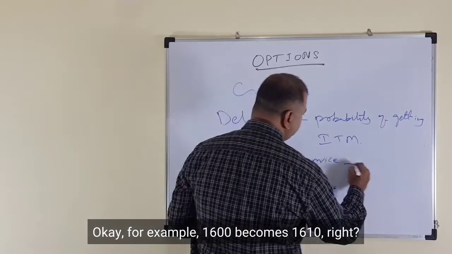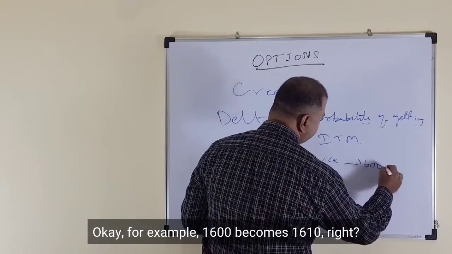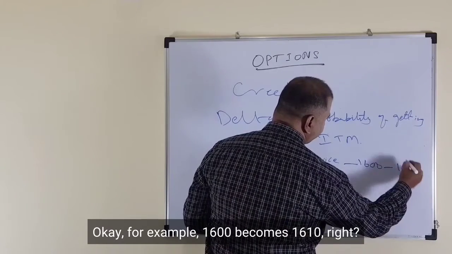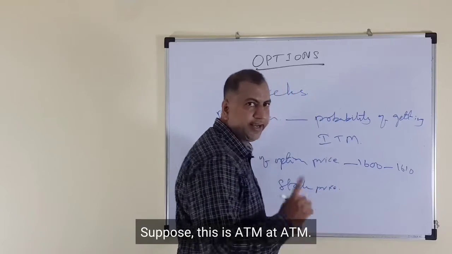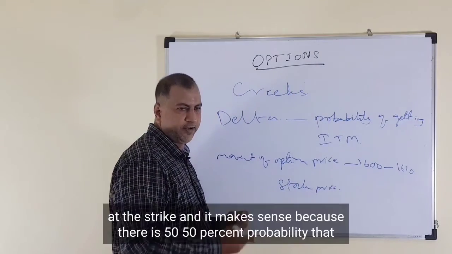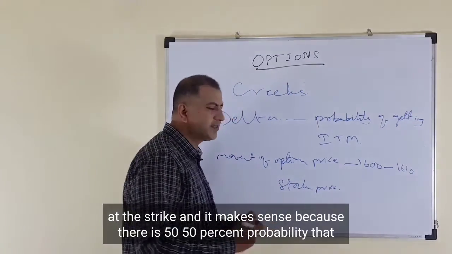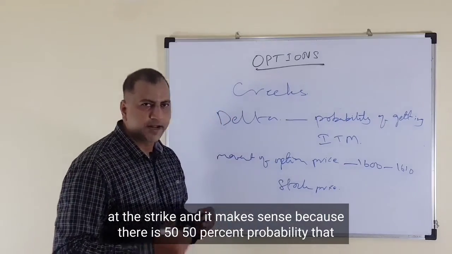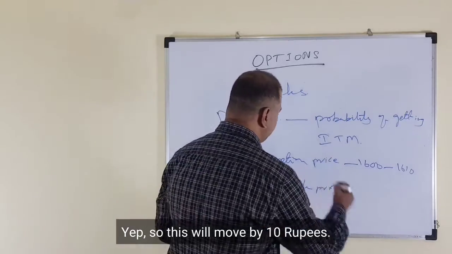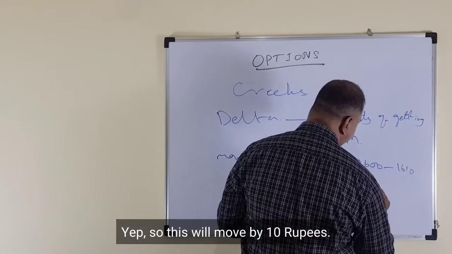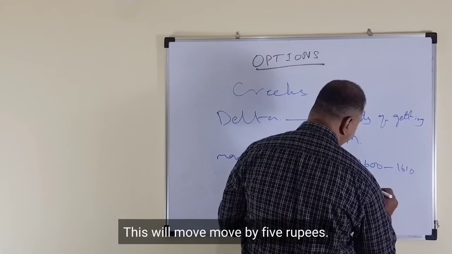For example, 1600 becomes 1610, right? Suppose this is ATM. At ATM, delta is 0.5 at the strike. And it makes sense because there's a 50-50% probability that price may go up, price may go down. So this will move by, sorry, this will move by 5 rupees.